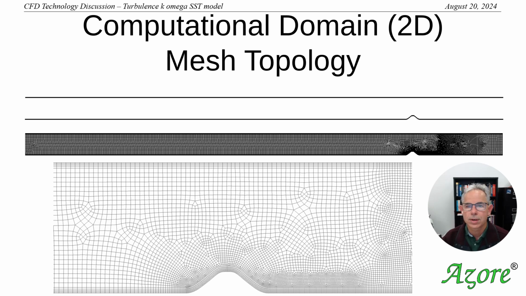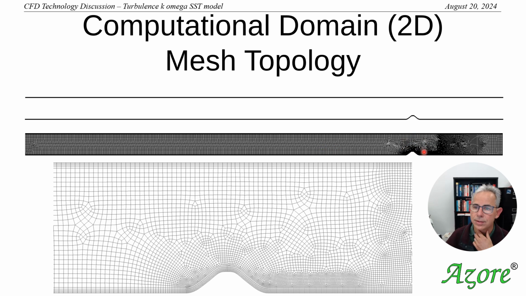Here we'll first start by talking about the overall domain that we're going to use. We're going to start with a uniform velocity on the left-hand side of this space, and predict the development of the fully developed flow. Right here is an overall view of the mesh density and the mesh topology that was used.